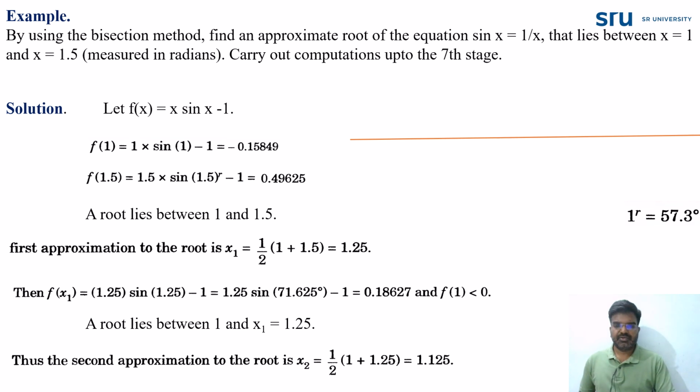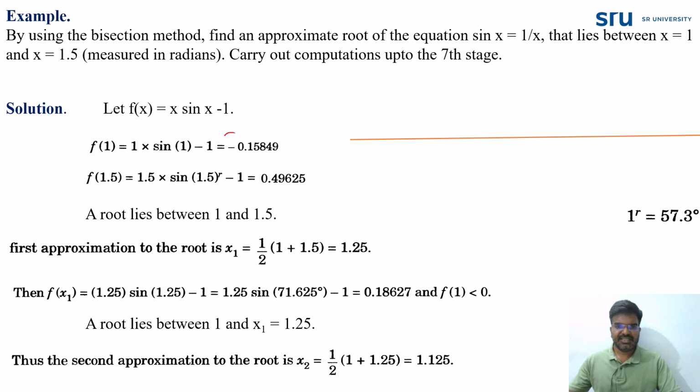Now you can see the procedure. Already we discussed how to find the approximate value of the root for the given equation. See, the given interval is 1 comma 1.5. So first we have to see the nature of the function at 1 and 1.5.